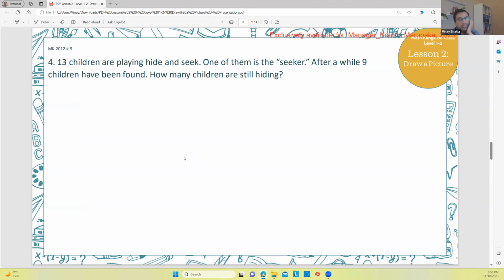Artika, do you want to draw on the screen so everyone can see? If you draw on pen and paper, the others may not be able to see.